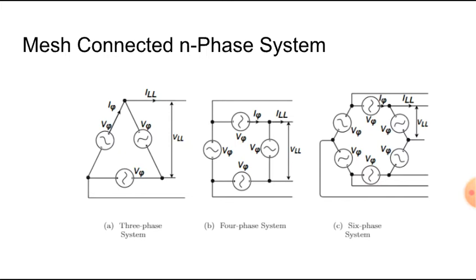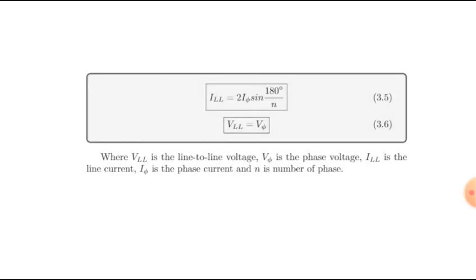This is a 4-phase system, and a 6-phase mesh connected system. So what will be the relationship between the phase and the line currents? It's the same as the phase voltage and line voltage in the star connected system, but here it's the other way around.